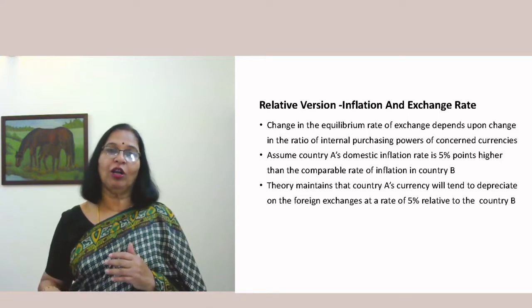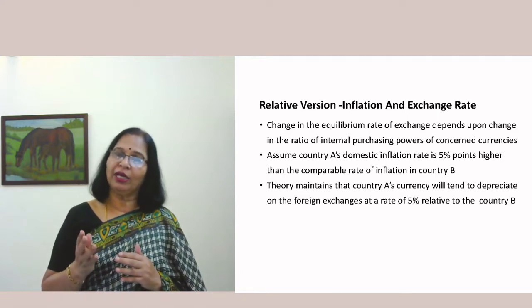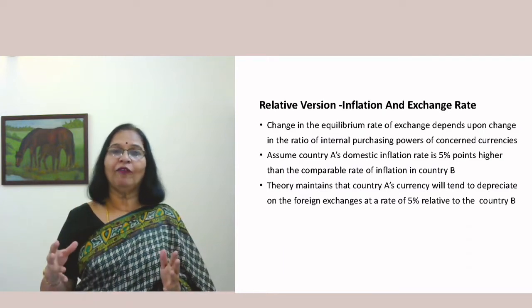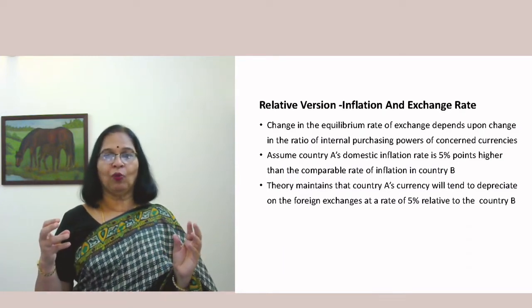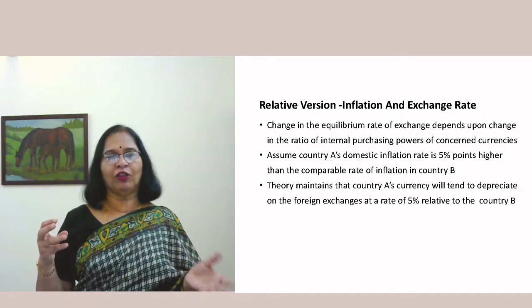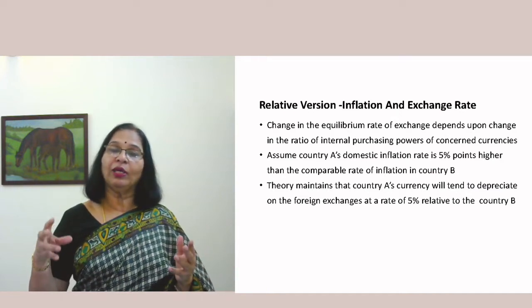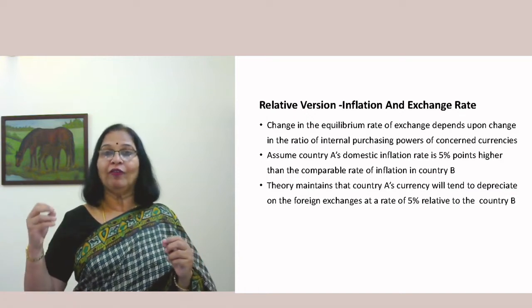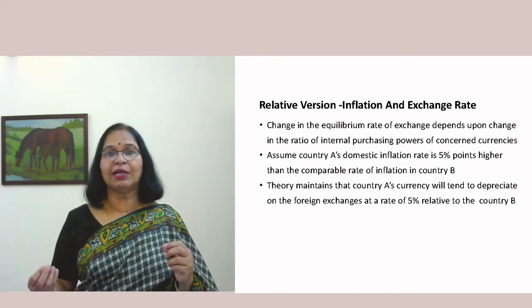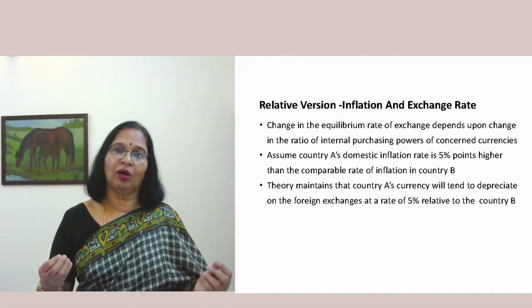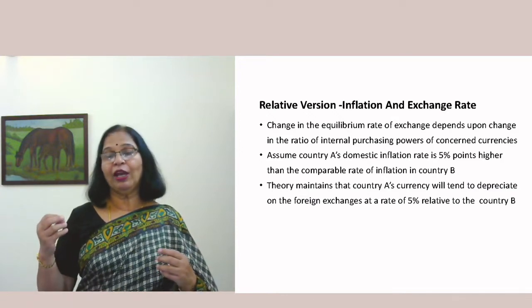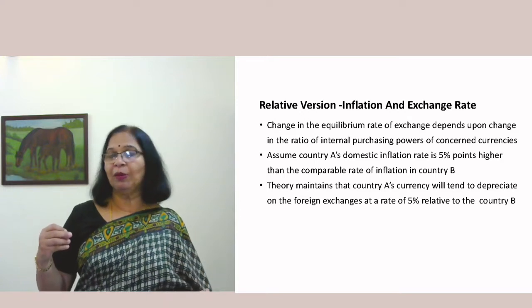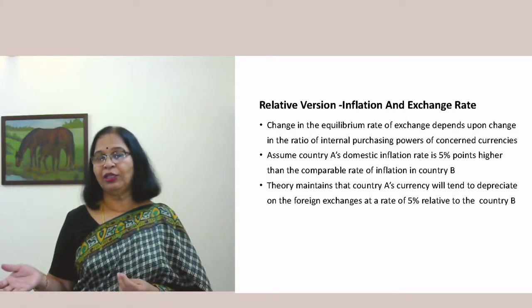Now, if it has fallen in the domestic economy, we can relate it to the external economy, or to the American dollar. So earlier we were paying 70 rupees to buy $1 in the foreign exchange market. Now, instead of paying 70 rupees to buy $1, we will have to pay 73 rupees, for example. Now, if we have to pay 73 rupees, that means the dollar has become costly when compared to the Indian rupee.